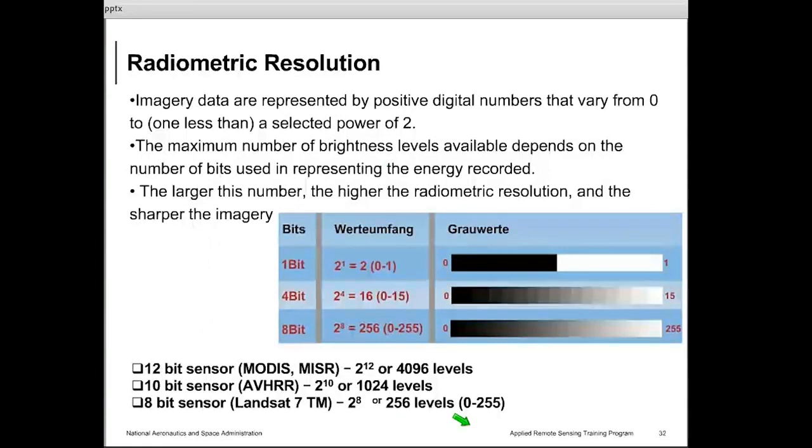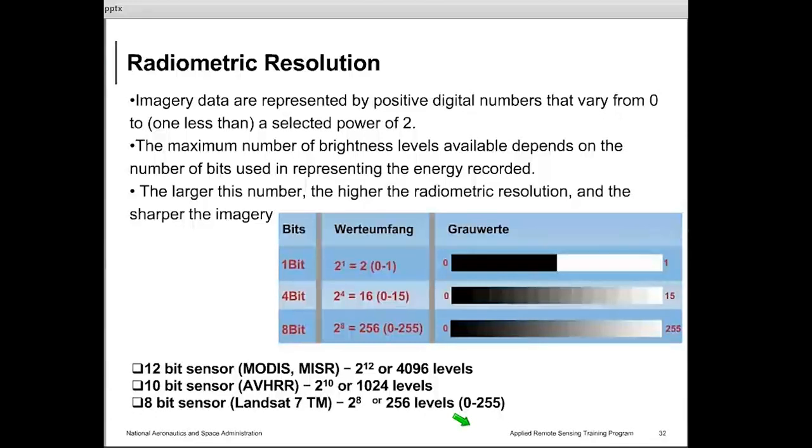Another important concept is radiometric resolution. Image data are represented by positive digital numbers that vary from 0 to a selected power of 2, minus 1. The maximum number of brightness levels available depends on the number of bits used to represent the energy recorded.